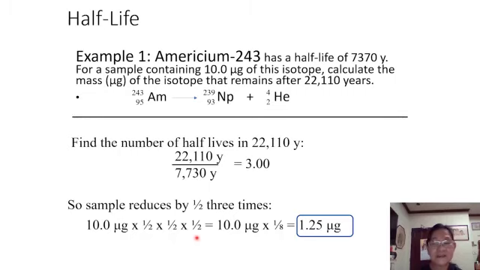And in the third half-life, 2.5 is reduced to 1.25 micrograms. So the answer is 1.25 micrograms. This type of solution is very simple if you are very good in mathematics and you can easily identify that these are multiples of each other.